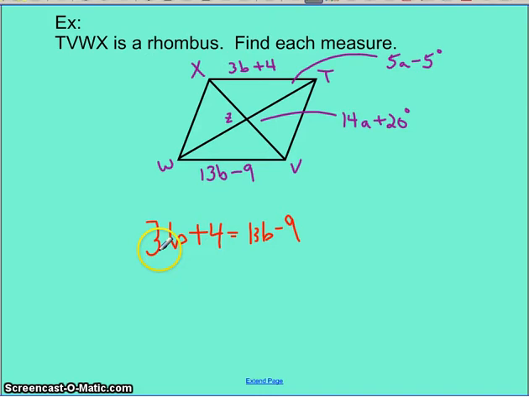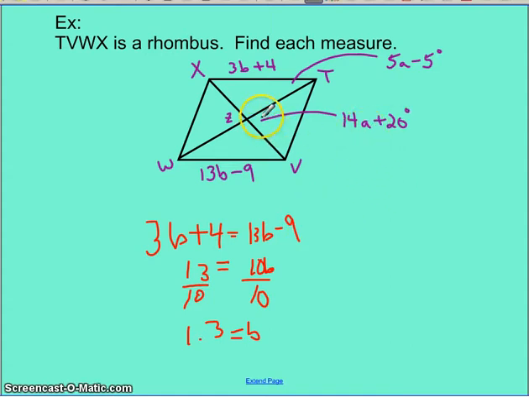So it looks like we need to subtract the 3B, which will give us 10B over here. Add the 9, should be 13. So divide by the 10. So B would equal 1.3.